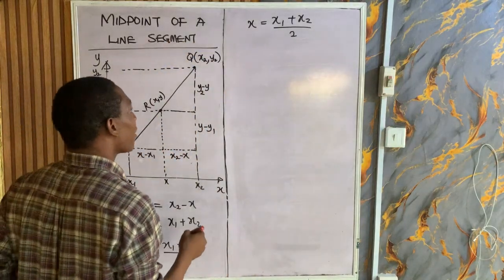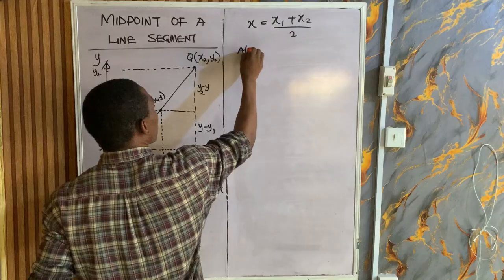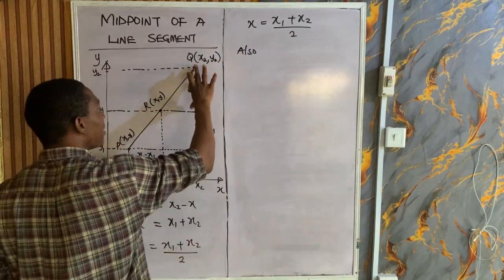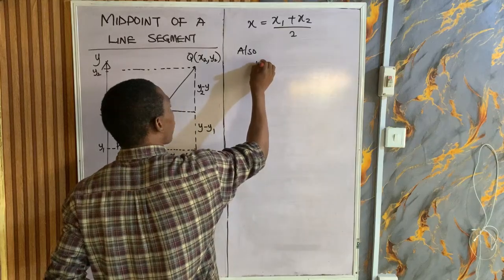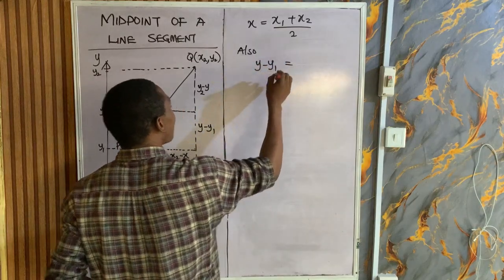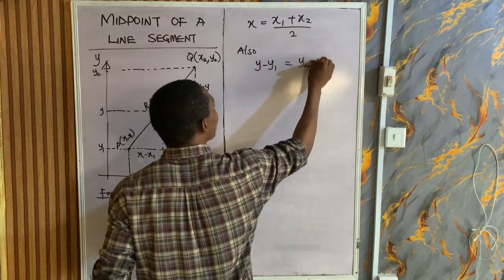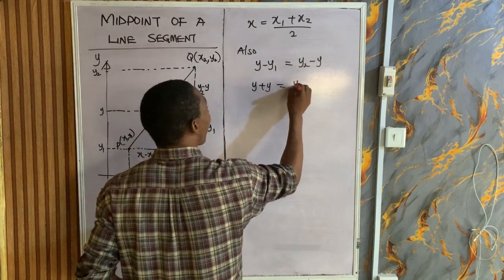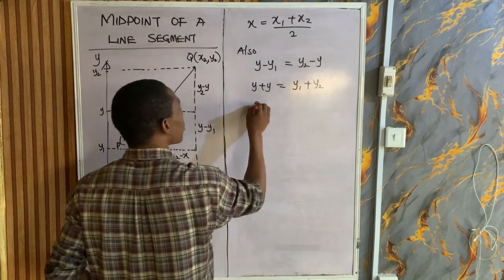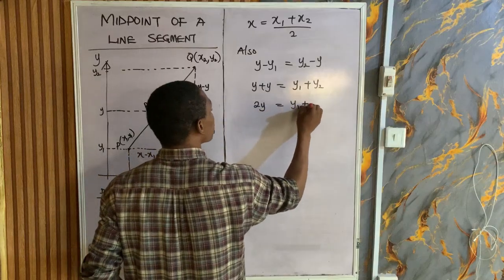Now to get our y, also we know that from here to here should be the same as from here to here if it's actually the midpoint. That would be that y minus y1 is the same as y2 minus y. And if you bring your y here, you have y plus y being equal to y1 plus y2. And this will give us 2y being equal to y1 plus y2.